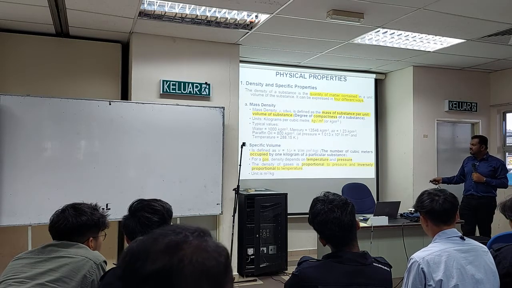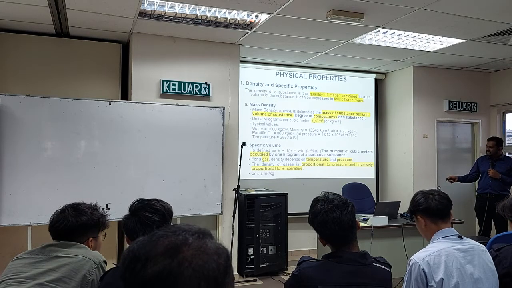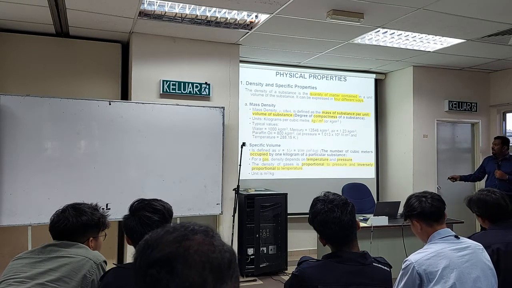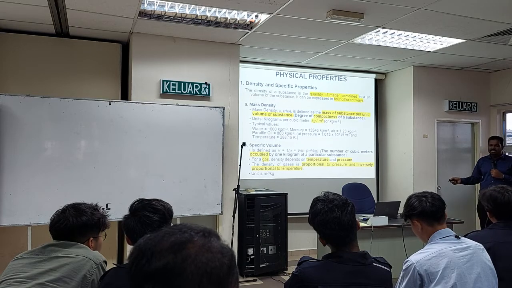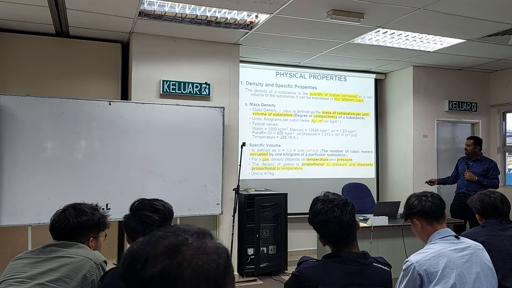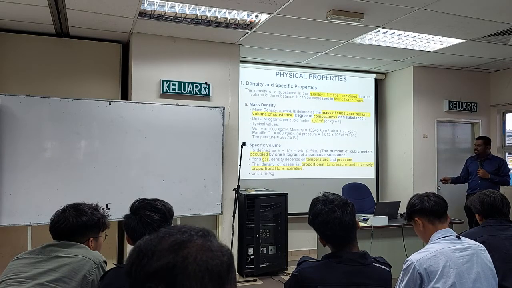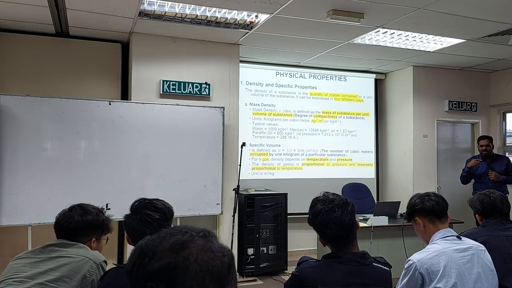The second one, specific volume. Although I didn't write specific density here, this is a part of density. We call it a specific volume. Specific volume is a small v. It's not actually v, it's a Greek version of v.